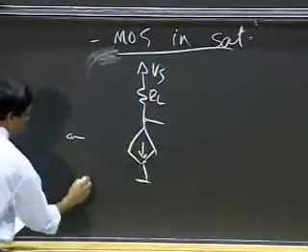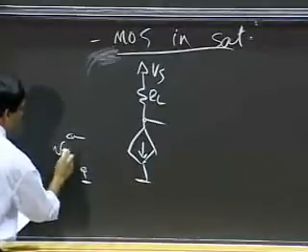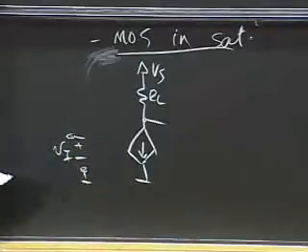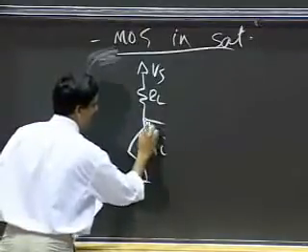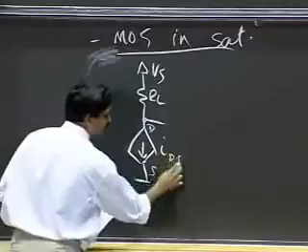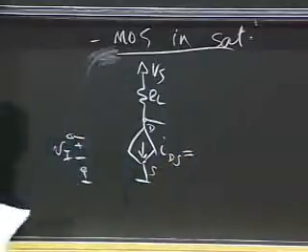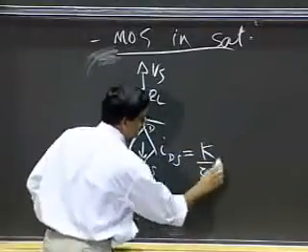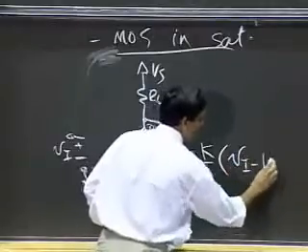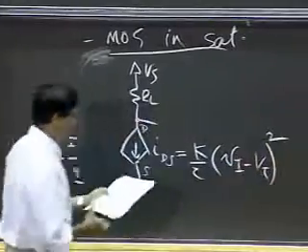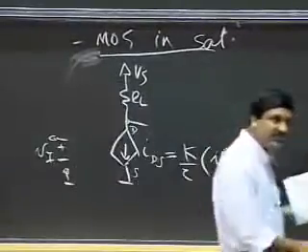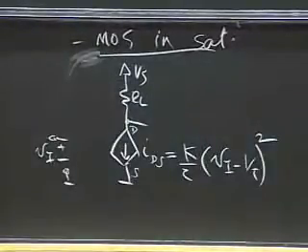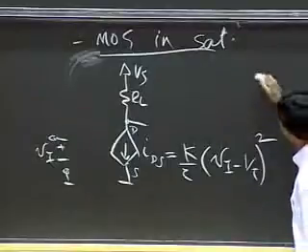And the current IDS of the MOSFET is given by K by 2 times VI minus VT, all squared. And it's always good to write the constraints under which you are implicitly working close by.